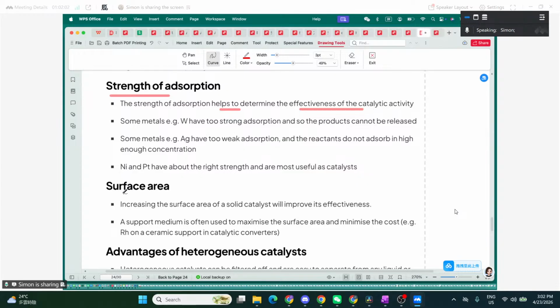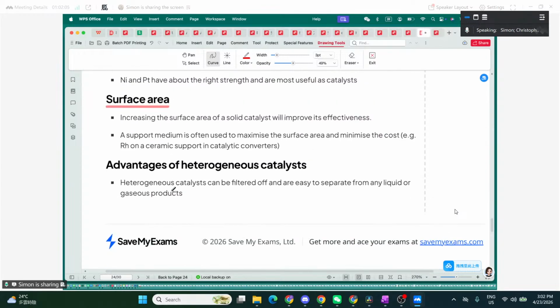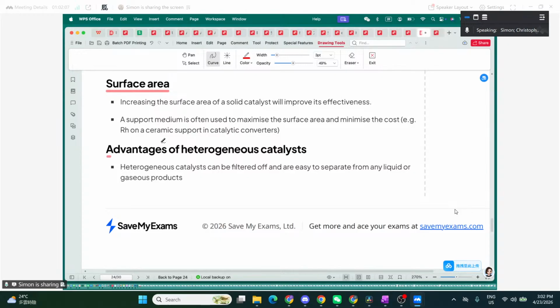The second is the surface area. Remember the advantage of this one: heterogeneous catalysts can be filtered off and are easily separated from the liquid or gaseous products.